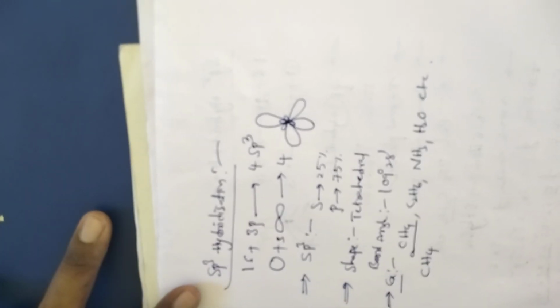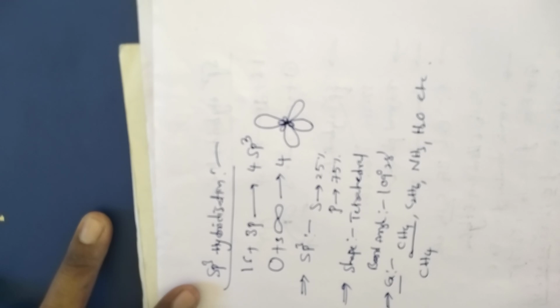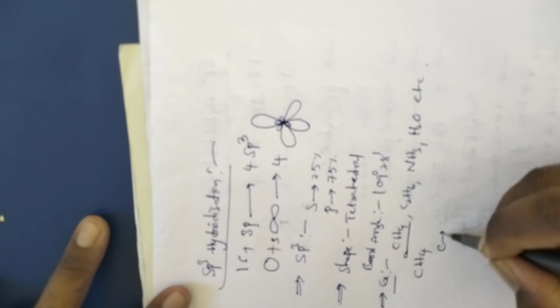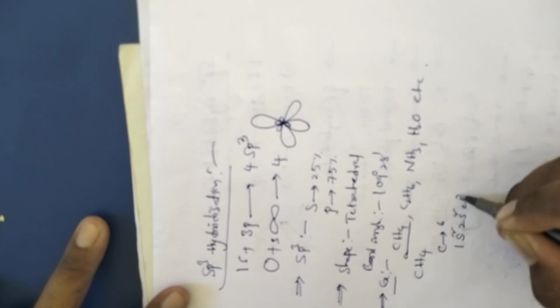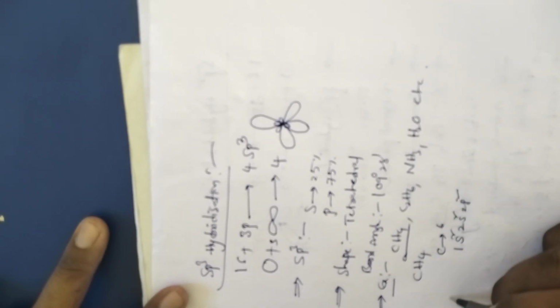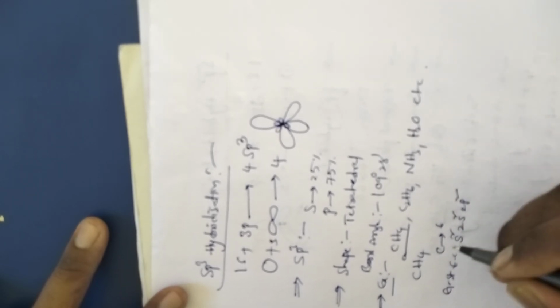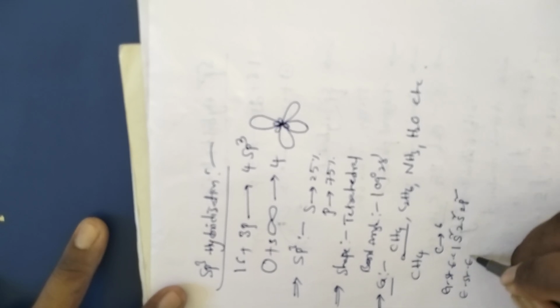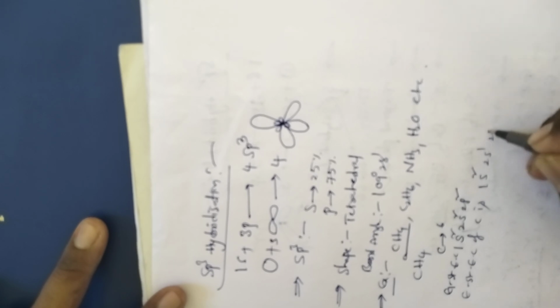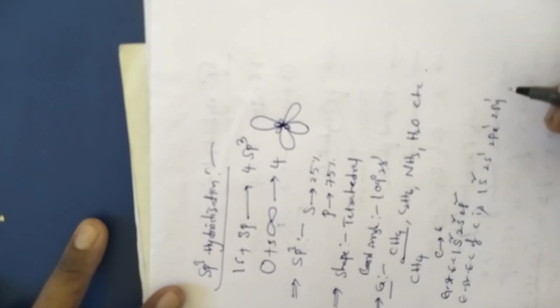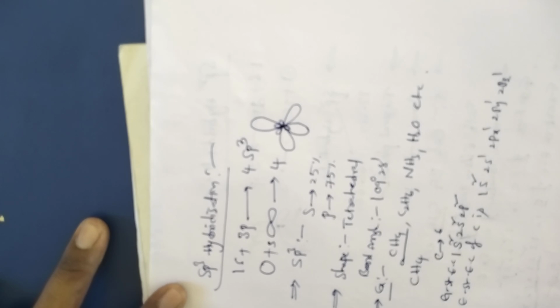In the CH4 molecule, the central atom is carbon. It undergoes sp3 hybridization. The atomic number of carbon is 6. The ground state electronic configuration of carbon is 1s2, 2s2, 2p2. The excited state electronic configuration is 1s2, 2s1, 2px1, 2py1, 2pz1.